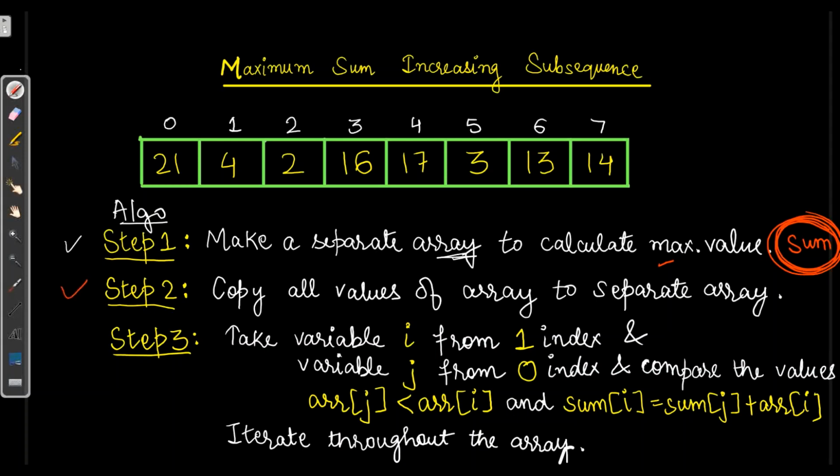Then in the second step, I need to copy all the values of this array to that sum array. Then in the third step, I'll take variables i and j and iterate accordingly.